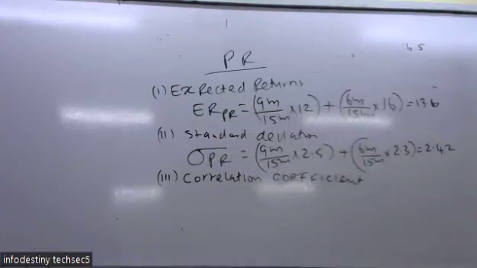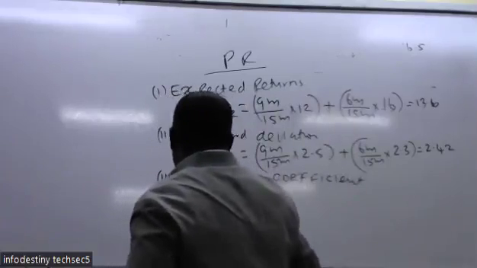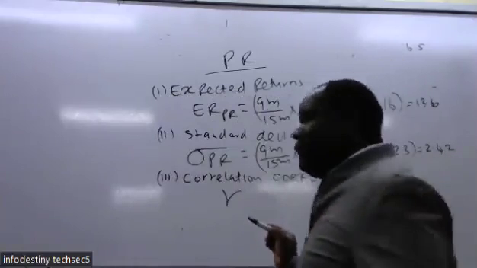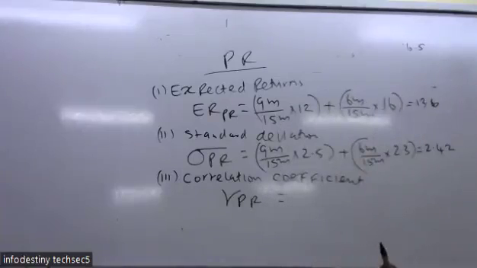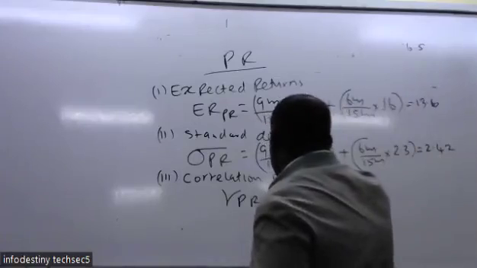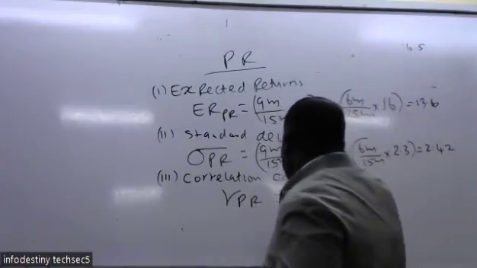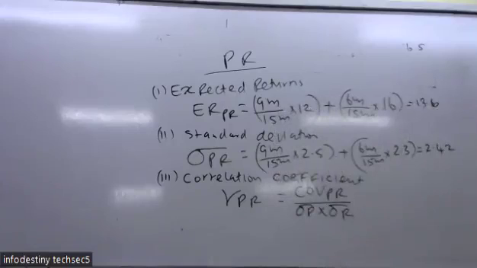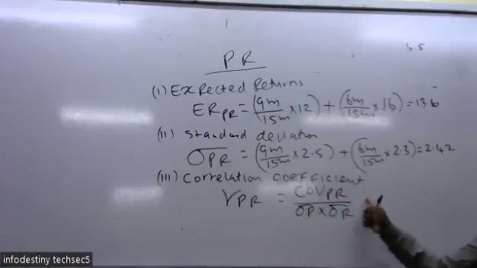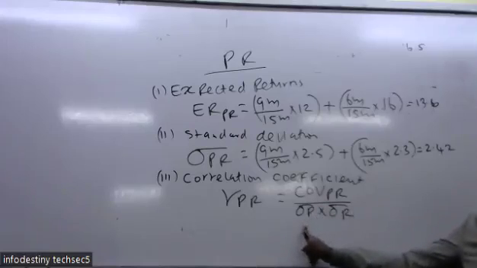To compute it, we use R. The correlation coefficient between P and R is given by the covariance between P and R, divided by the standard deviation for P multiplied by the standard deviation for R.